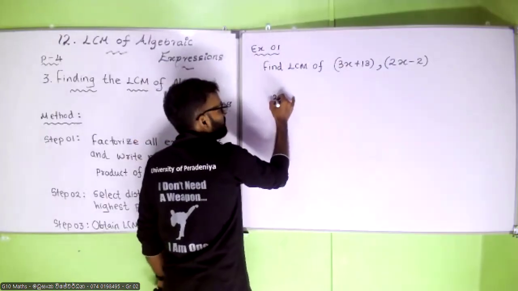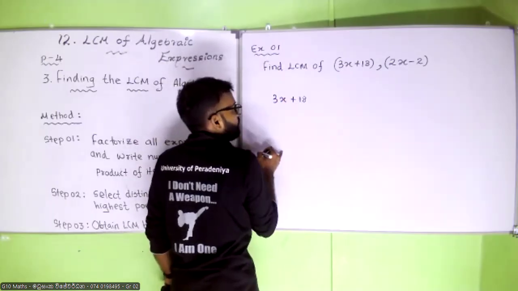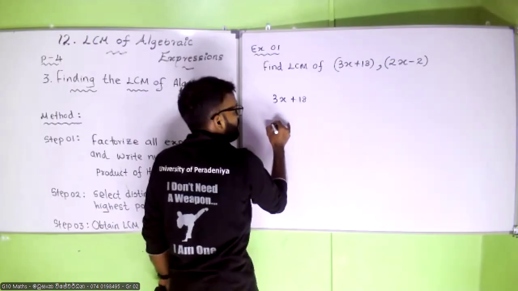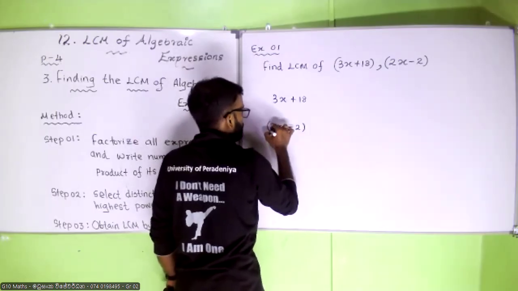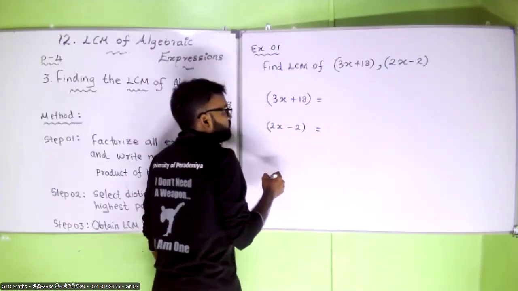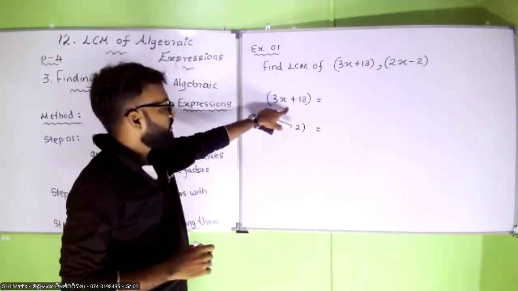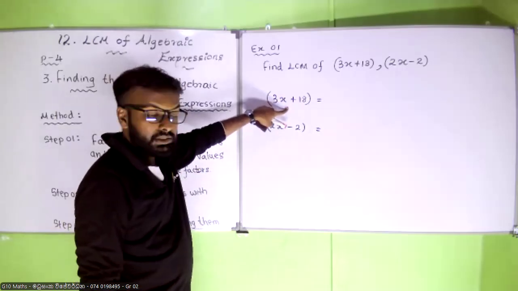This is the first expression, 3x plus 18. Second expression is 2x minus 2. Now by looking at the first one, 3x plus 18, what are the factors?